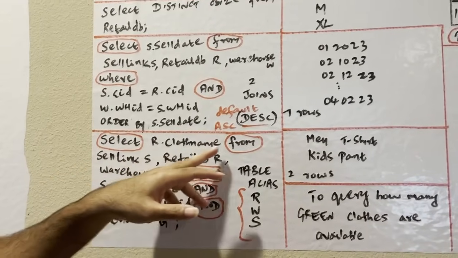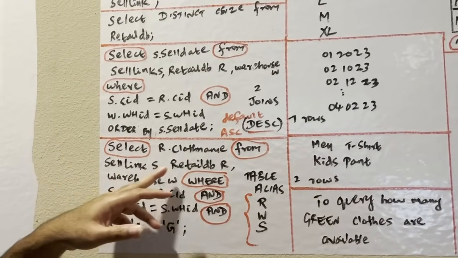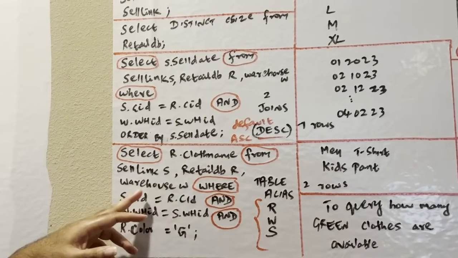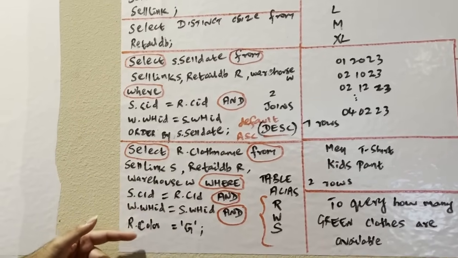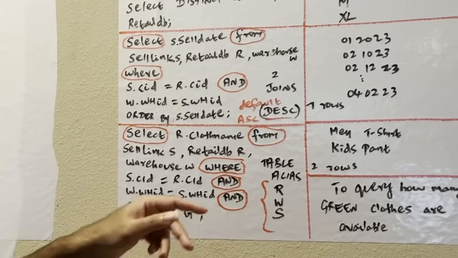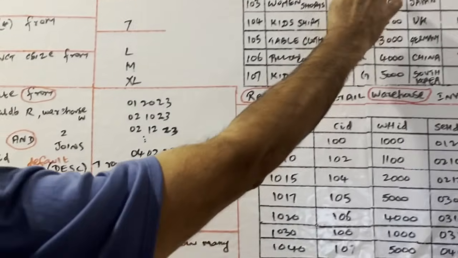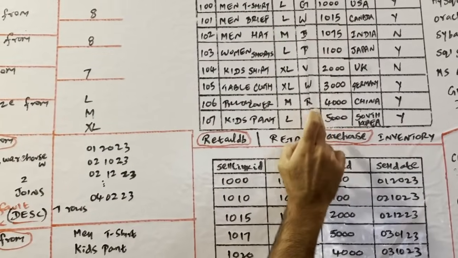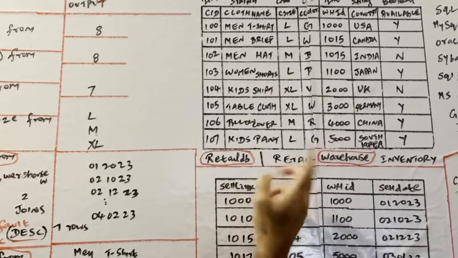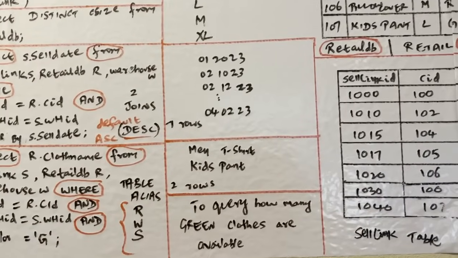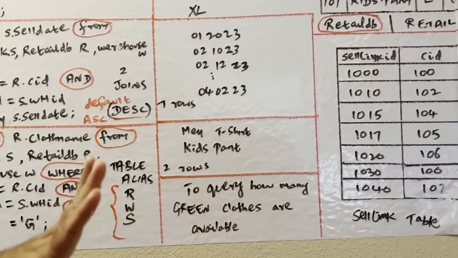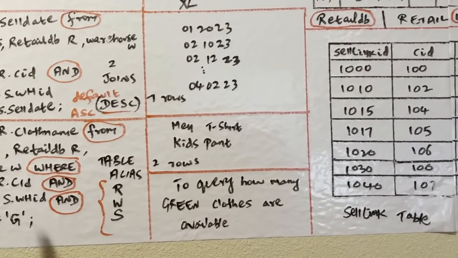Select or.cloth name from cell link, retail DB, warehouse, all same tables, two joins. I'm saying or.color equal to G. See here how many we have. There is 1 G, 1 G. We have a men's t-shirt and kids pant, only two available. Those will be displayed. This is an example of a query joining three tables, different warehouses.